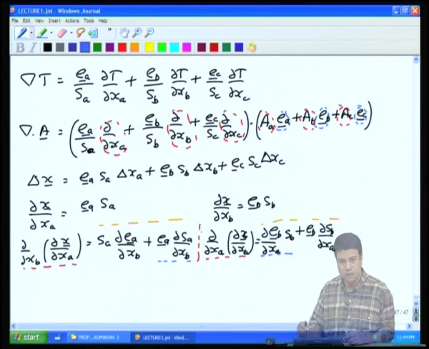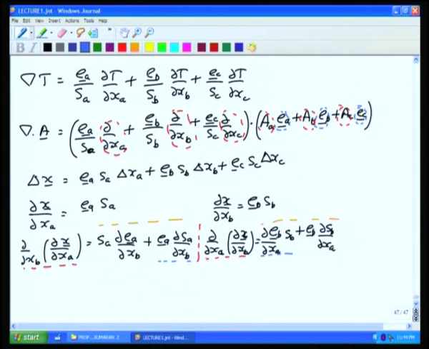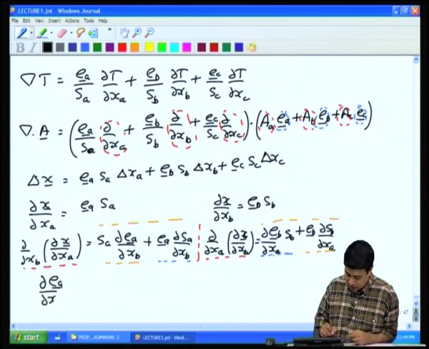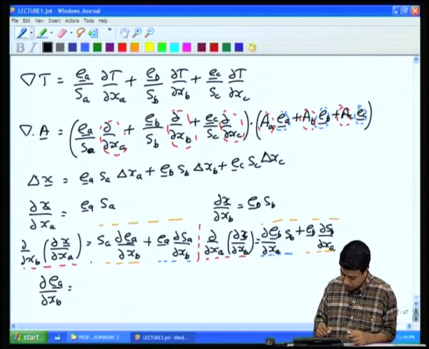So, it has no component along e_b. That means that e_a times this has to be equal to this term, and similarly e_b times this has to be equal to this. This gives us the relation for the derivatives of unit vectors in terms of the scale factors. Okay. For example, partial e_a by partial x_b is equal to e_b by S_a partial S_b by partial x_a.